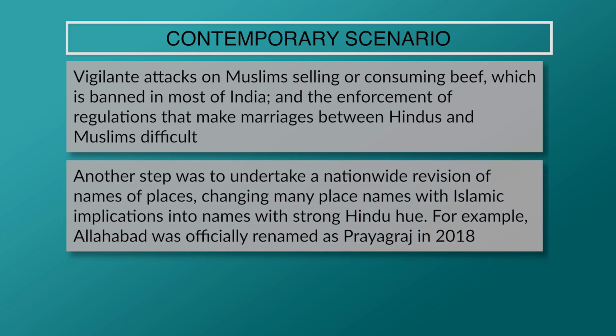Another step was to undertake a nationwide revision of names of places, changing many place names with Islamic implications into names with a strong Hindu hue. For example, Allahabad was officially renamed Prayagraj in 2018.